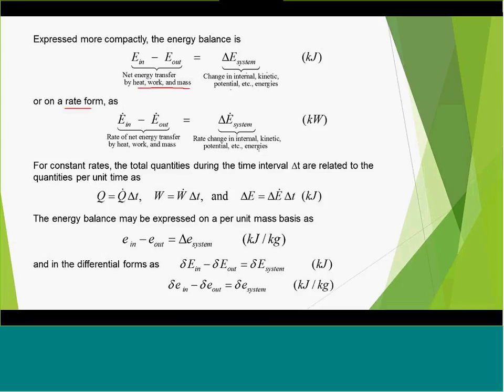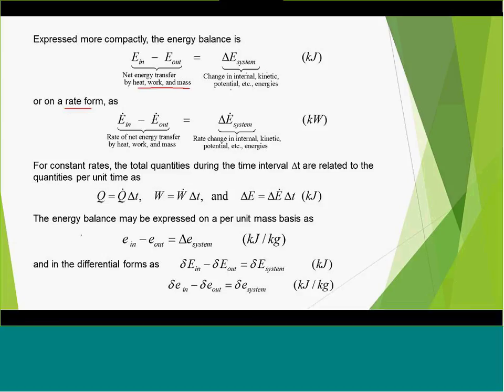So for constant rate, you're going to have Q delta T, and the work being done rate is W delta T, and the mass energy transfer rate is also multiplied with delta T, because you need to have some sort of rate equation for the calculation.